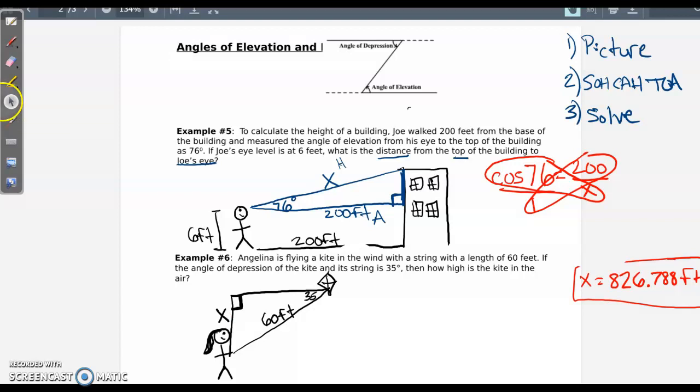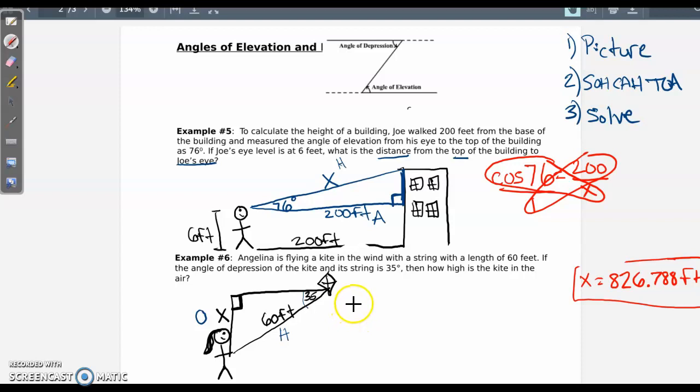So now we have to identify whether we're using sine, cosine, or tangent. From our angle, we have the hypotenuse, and we have the opposite.